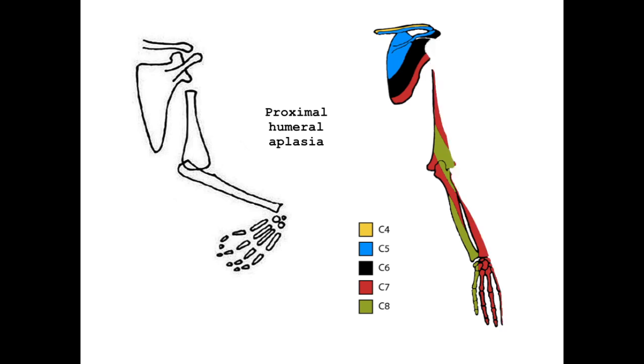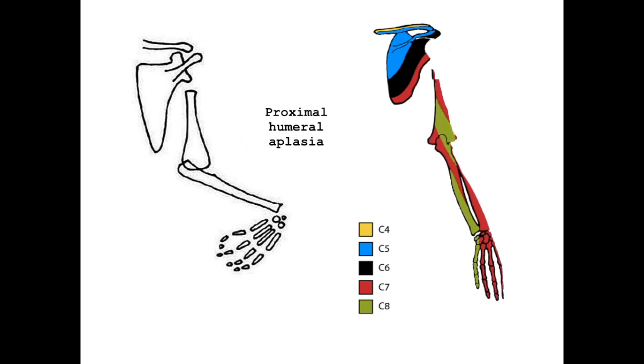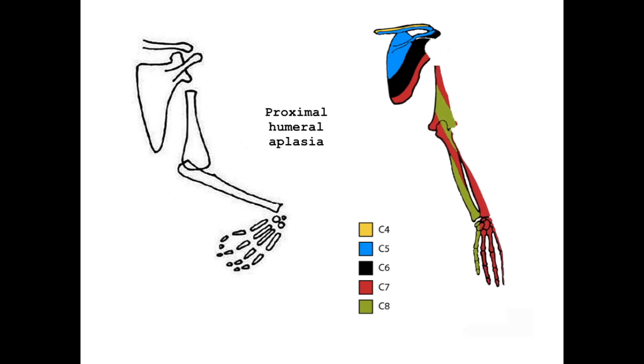What remains of the arm falls within the seventh and eighth cervical nerve supplies, brown and green. The humerus is so reduced in length that the forearm and hand move up towards the shoulder, forming phocomelia, and the external shape of the shoulder joint is pointed because of the absence of musculoskeletal tissue of the upper arm and shoulder joint.